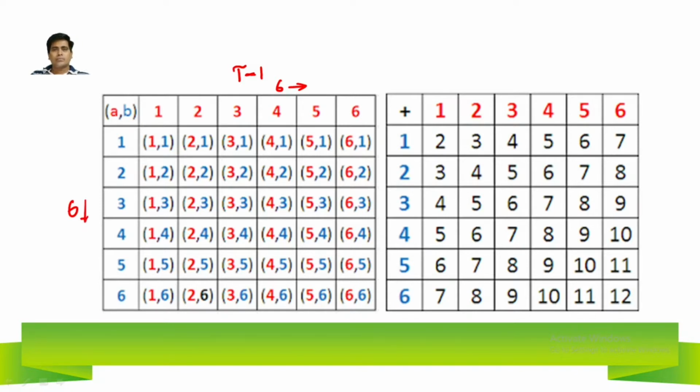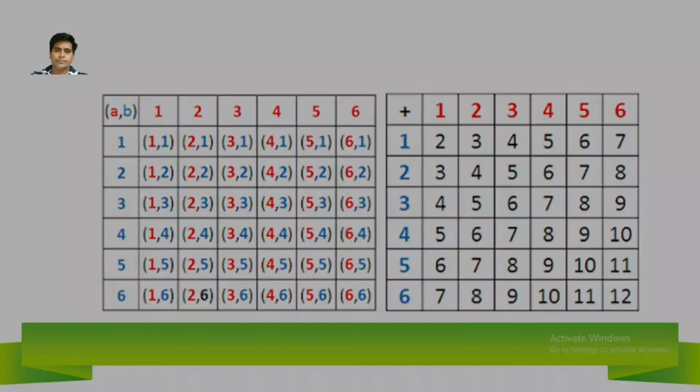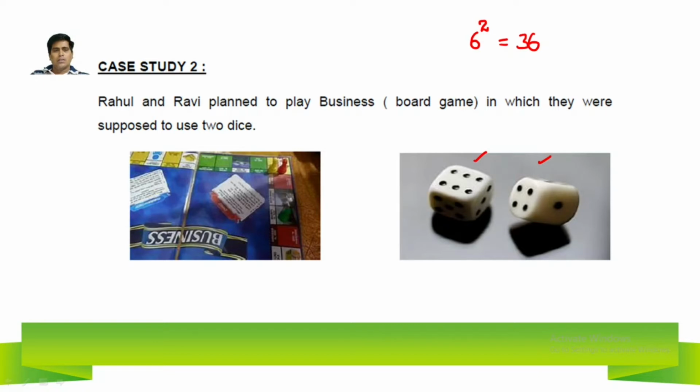Now, how are they playing? If I go back, they are playing based on the sum of the faces. When they throw 2 dice, they get the sum of the faces.